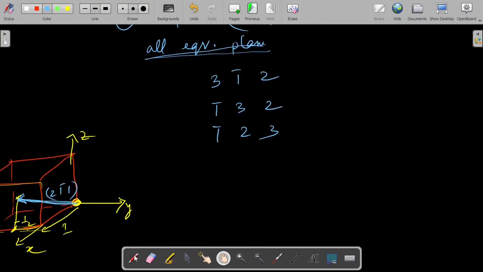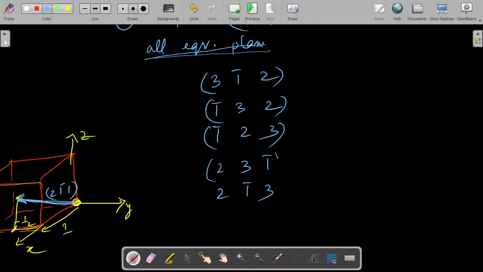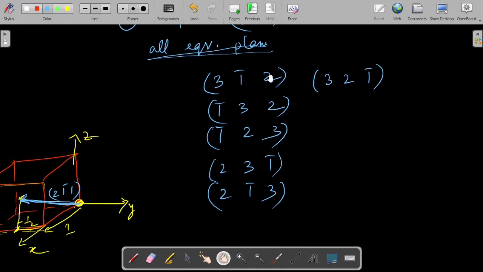So this is one plane, this is one plane, this is another plane. Then let's take 2 in the first position, 2 and 3, 1 bar. Then 2, 1 bar, 3. So these are the 2. Then what we can do, we can take 3, 2, 1 bar. Okay, so these are the 6 combinations that you have, 3, 1 bar, 2, right?